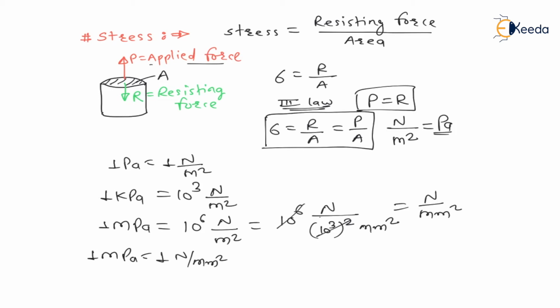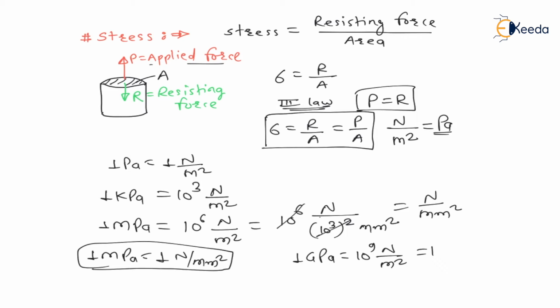Generally we put dimensions in mm, that's why I am dictating this unit conversion. Again, 1 gigapascal, GPa, is 10 to the power 9 Newton per meter square, or 10 to the power 3 MPa, that is 10 to the power 3 Newton per mm square.